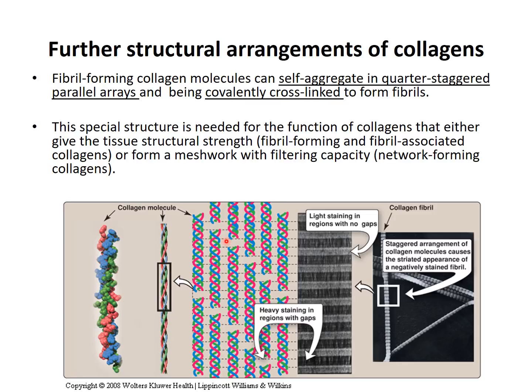Now, what will it result in, and this is what you see under the microscope: these areas where triple helices overlap will show up as a light staining in the microscope. And when there is a gap between collagen triple helices, even if the others are there, it will show up with a dark staining. So this staggered arrangement results in the striated appearance of collagen fibrils.